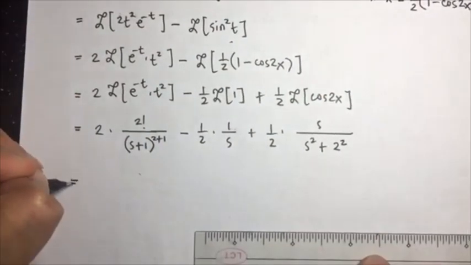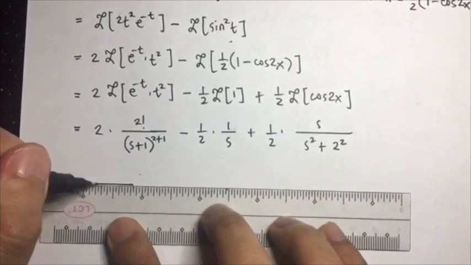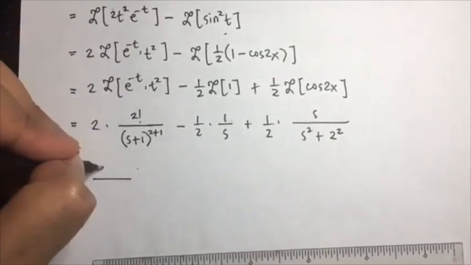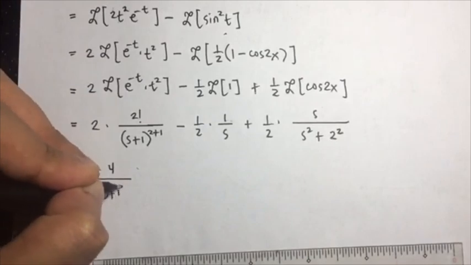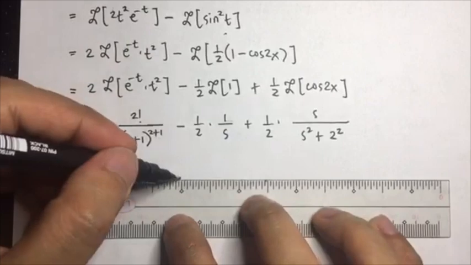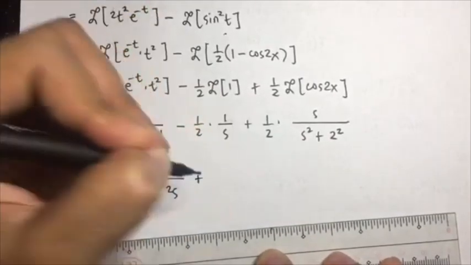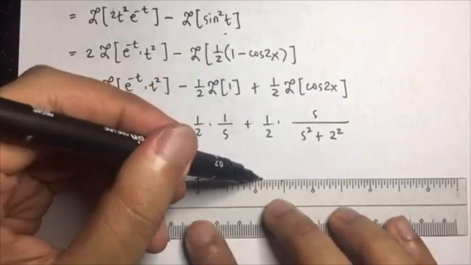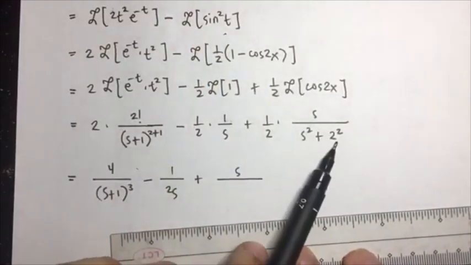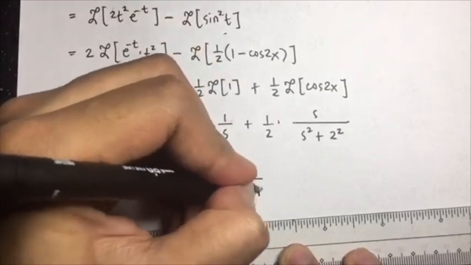Okay, so simplifying this, this will become 2 times 2 factorial, so that is 4. So we will have 4 over s plus 1 cubed minus 1 half times 1 over s, so that will become 1 over 2s, plus we have 1 times s is s, 2 times s squared plus 2 squared, so that is 2 times s squared plus 4.